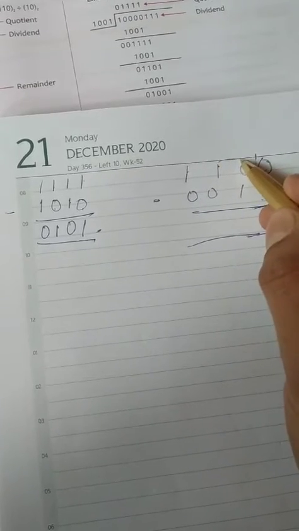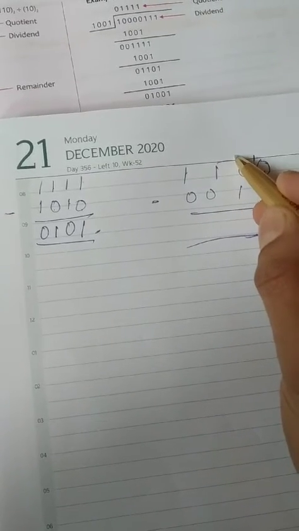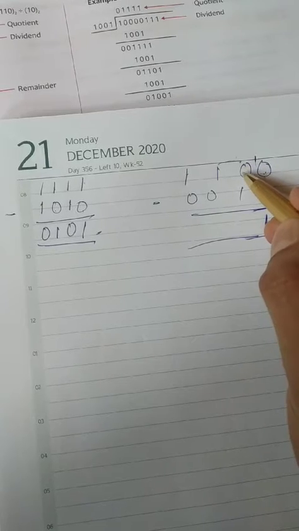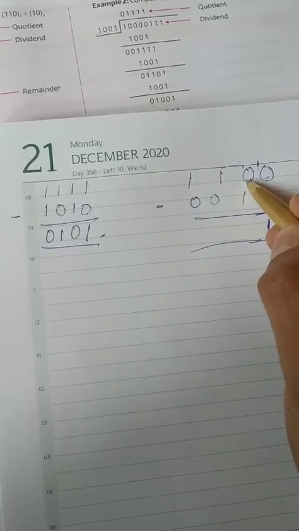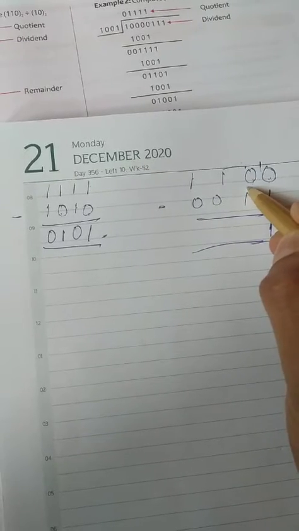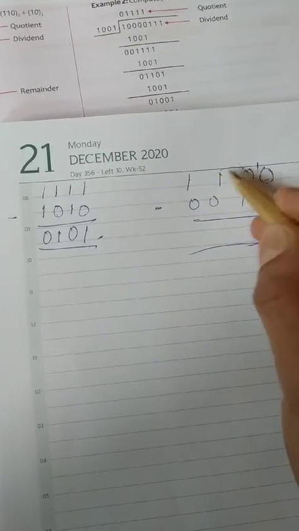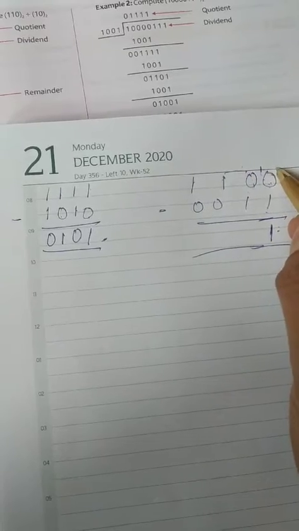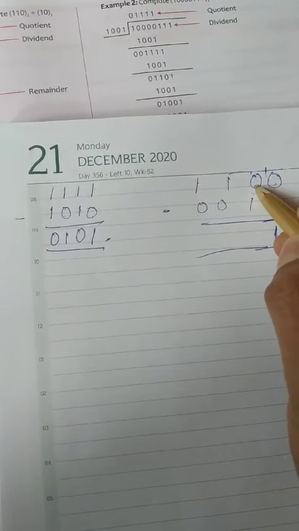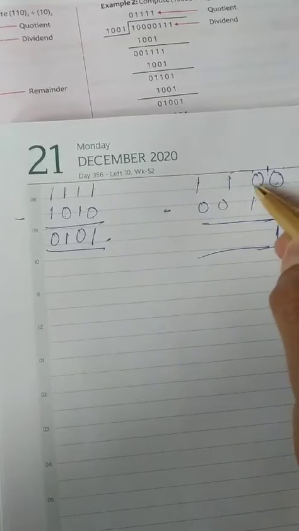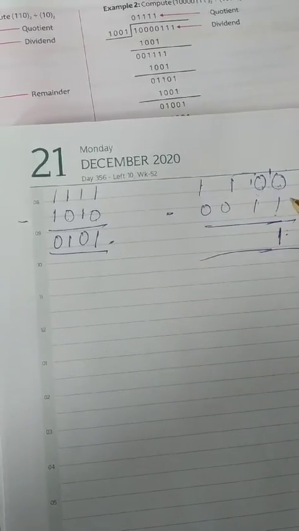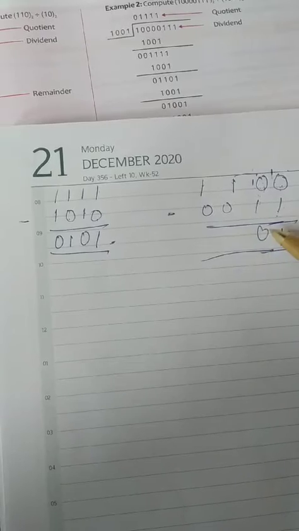So this one takes from that one, so it will also become 0, because it has taken the 1 from it and given to it. Okay. So now it was 2, now it became 1. 1 minus 1 is equal to 0.